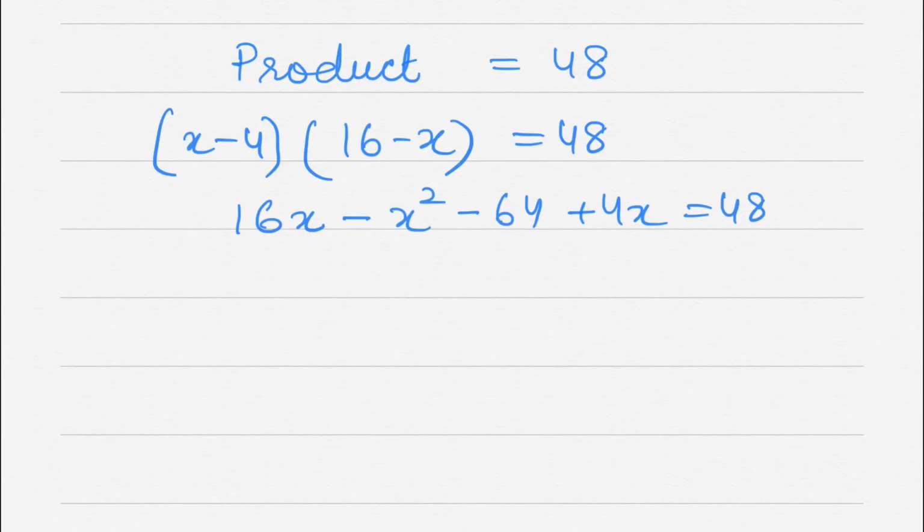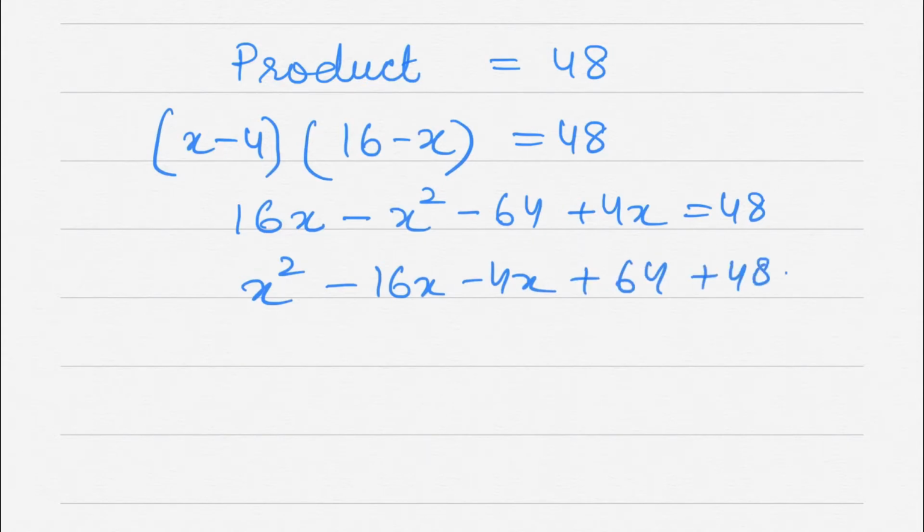I would take all the terms to the right hand side so my x square will be positive. So x square minus 16x minus 4x plus 64 plus 48 is equal to 0. So x square minus 20x plus 112 is equal to 0.